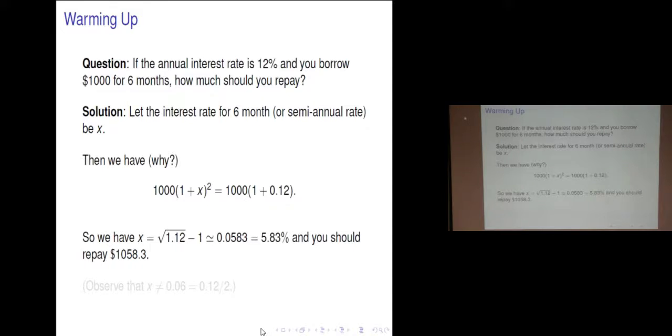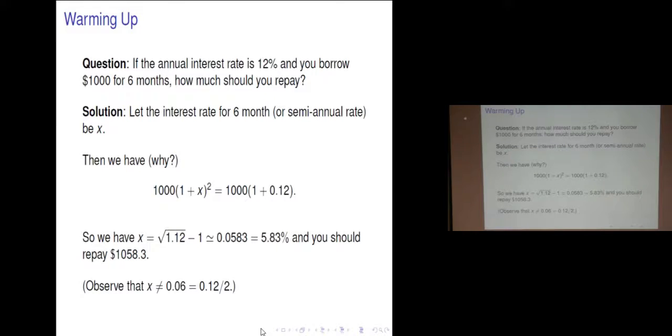The 1,000 gets canceled, and x is the square root of 1.12 minus 1, because you have to move this one to the other side. It's roughly 5.83%. So you should pay this amount after 6 months.